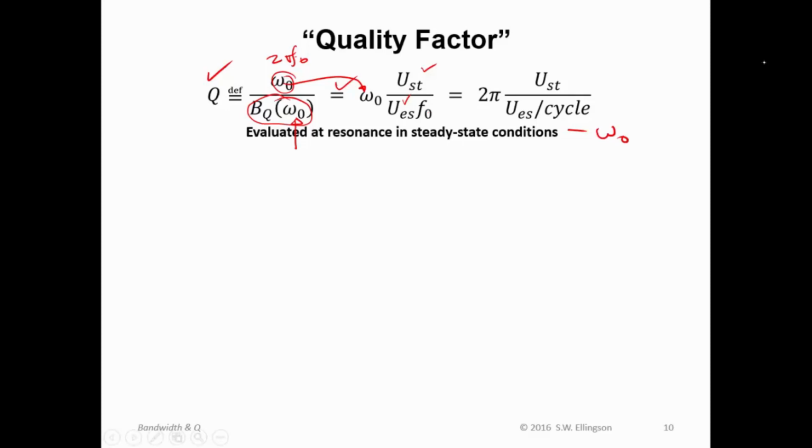And then further, since omega naught is 2 pi f naught, these f naught appearing in these two expressions will cancel out. So we're left with a 2 pi out front. So we can write it this way. We can say 2 pi times the stored energy divided by the escaped energy, and this is over one cycle at resonance. So another way of talking about Q is that it's the ratio of stored energy to escaped energy, right? It's evaluated over one cycle of the sinusoid at the frequency at which the circuit's resonant, and we have this factor of 2 pi out front.